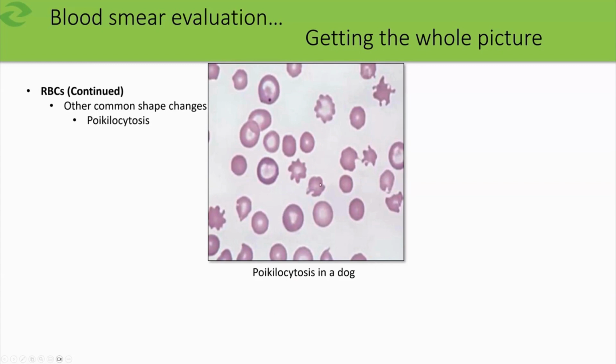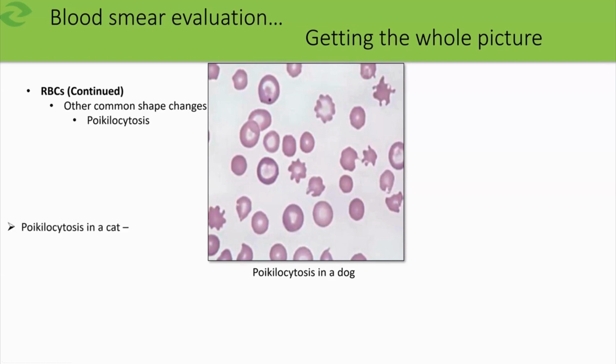So I'm just going to call that poikilocytosis there. And this is from a dog. I don't know what the underlying pathology was in this dog to cause that poik, but given that probably 40% or so of the cells are affected, I'd consider that abnormal poikilocytosis, and would have to do some more investigation as to the underlying cause.